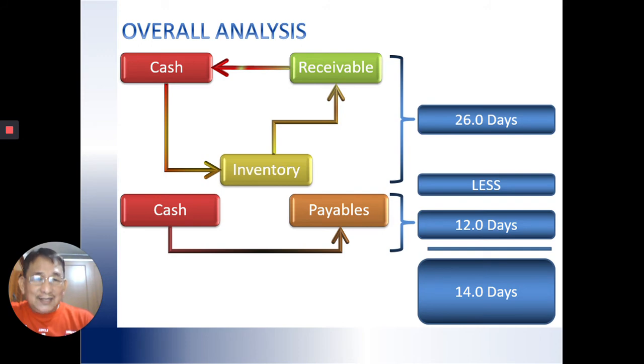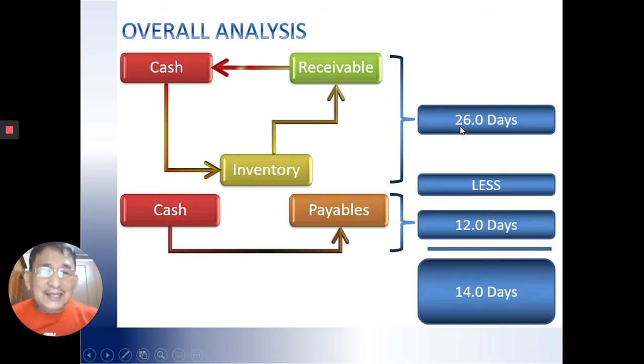So, napapansin nyo, merong positive, merong negative kung minsan. In this case, this is positive. Pag positive na yan, that is a warning, ibig sabihin, dapat mabilis ang collection mo ng receivable. Kasi, sinisingil ka na ng nagpautang sa'yo sa loob ng 12 araw, samantalang ikaw, para makakonvert ka ng cash, 26.